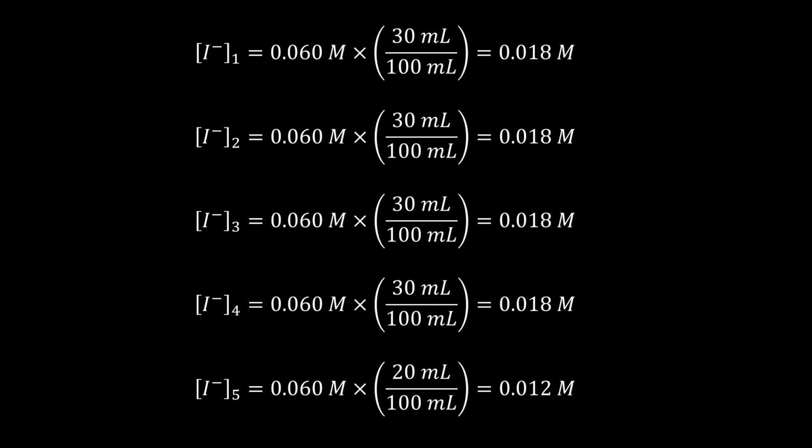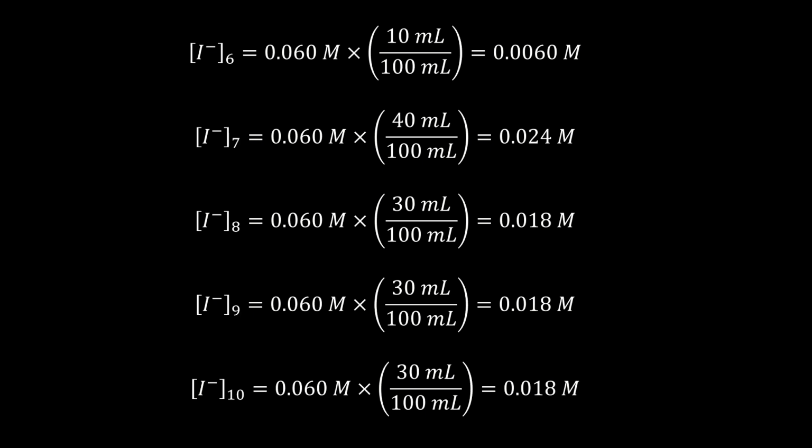And as we continue on, essentially it follows the same math as what we did for H2O2. If you are using 20 milliliters of I minus, aka 20 milliliters of potassium iodide at 0.06 molar concentration, and bringing that to a final volume of 100 milliliters, the solution concentration for I minus would be 0.012 molar.